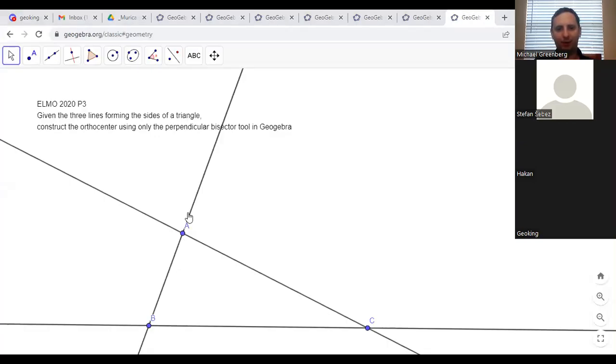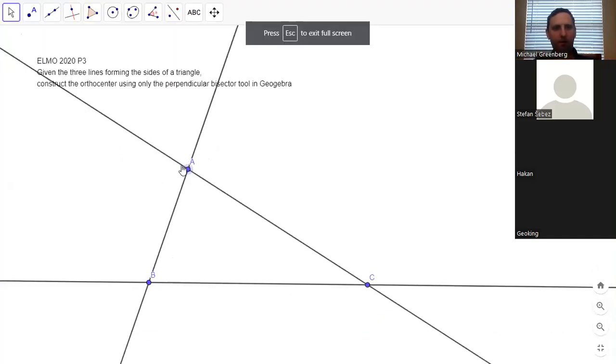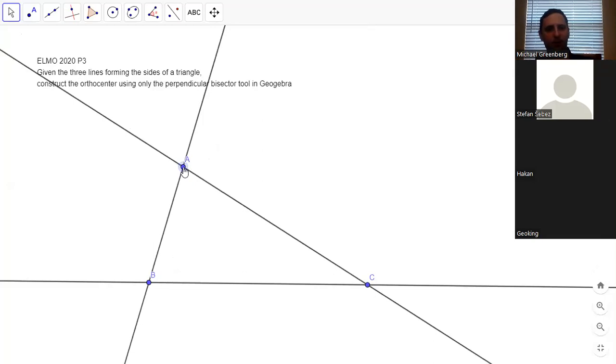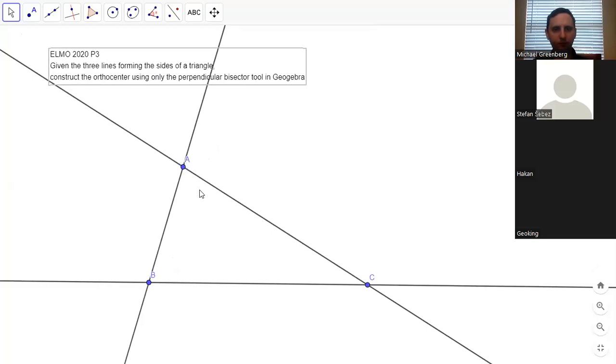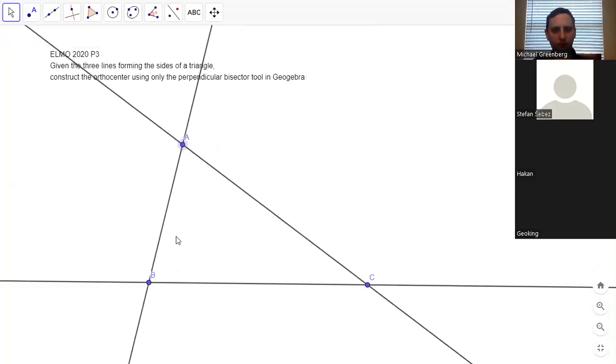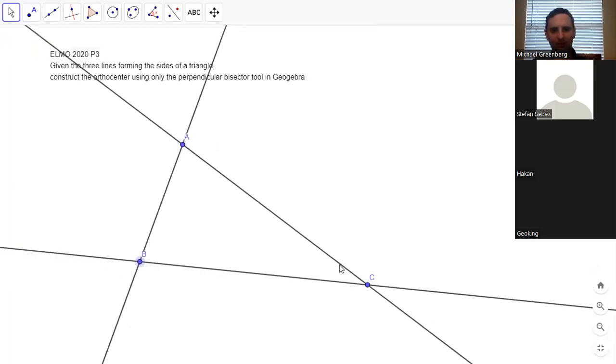I'm not sure if it's really hard though, but let's think about it. So if you reflect the orthocenter over the sides, it lies on the circumcircle. We can't really do anything with circles in this problem.